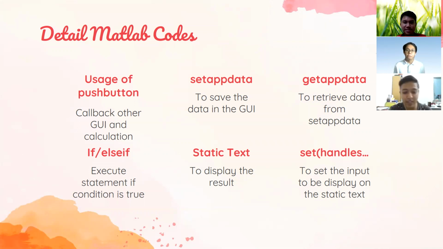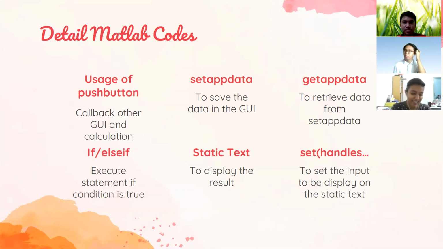Apart from that, we have also used static text where, as an example, when users input and when they execute using the push button, that is where the results will be popping out from the static text.